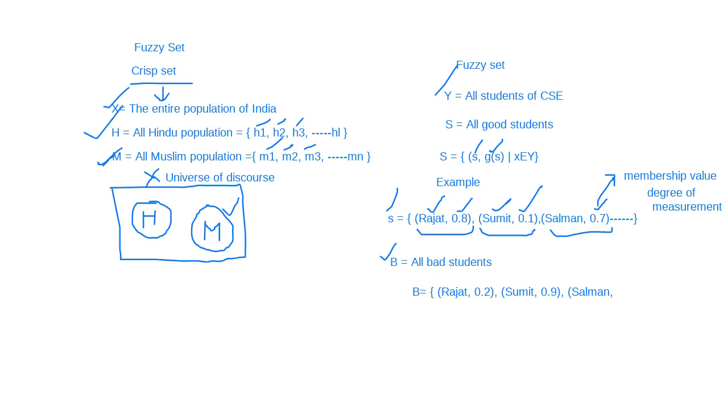Rajat belongs to subset S and Rajat also belongs to subset B. Similarly, all students can belong to more than one set. But in a crisp set, one member can belong to only one subset. There is a clear demarcation, right? But in a fuzzy set, one element can belong to more than one subset.